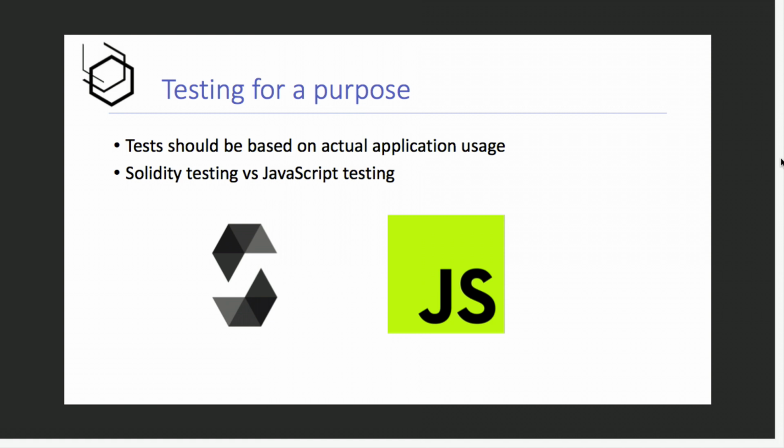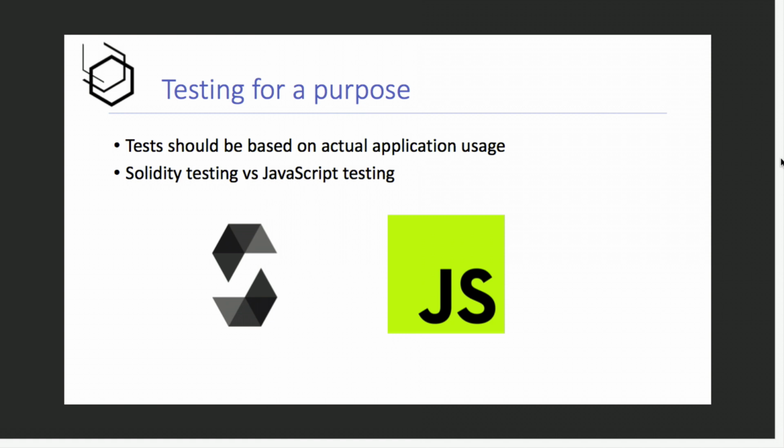And testing for a purpose, based on application usage, can also help you decide whether you want to test with Solidity or with JavaScript. For instance, if you're creating a library contract that should be used by other contracts on the blockchain, then you probably want to test it using Solidity, because that's the real-world usage.